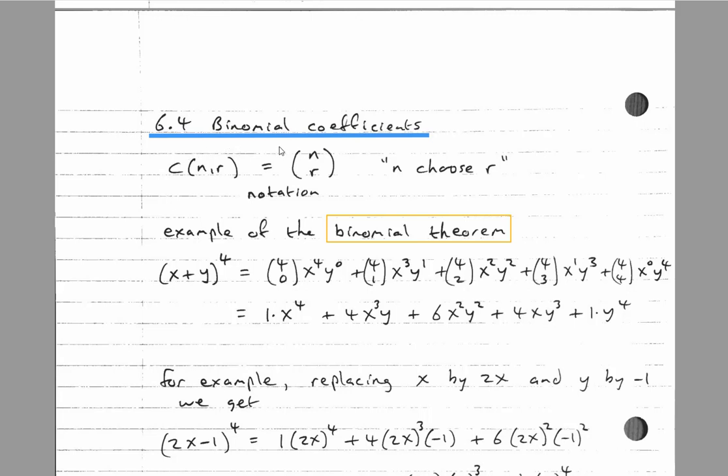All right, in this last section, binomial coefficients, so looking at these n choose r numbers in more detail, an application and also different notation. So another way to write them is like this, just with parentheses, n on the top, r on the bottom.